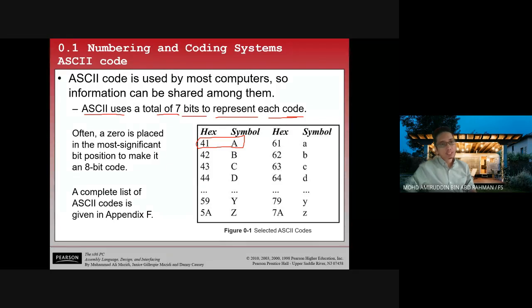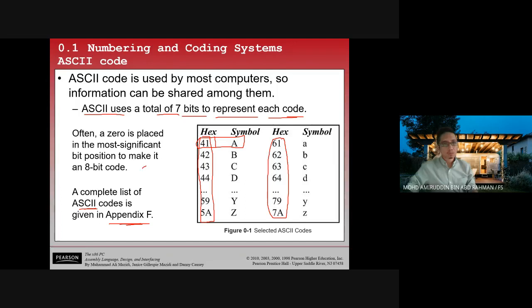A complete list of ASCII codes you can check in this book, in Appendix F. The hex starts from 41 and above, 41 until 60. And for the smaller letters, it starts from 61 until 80.